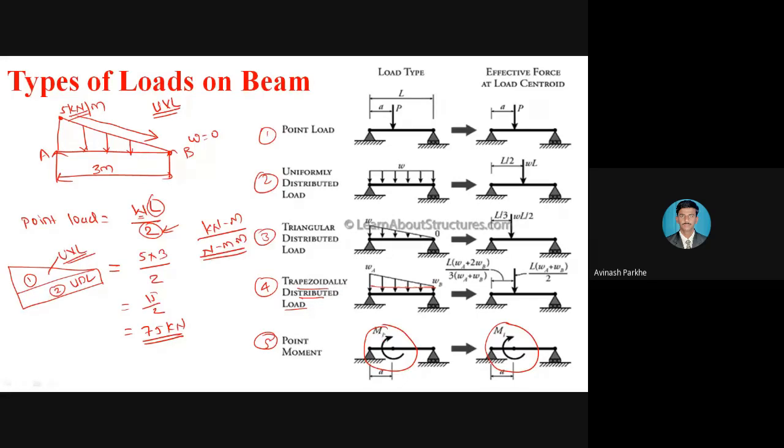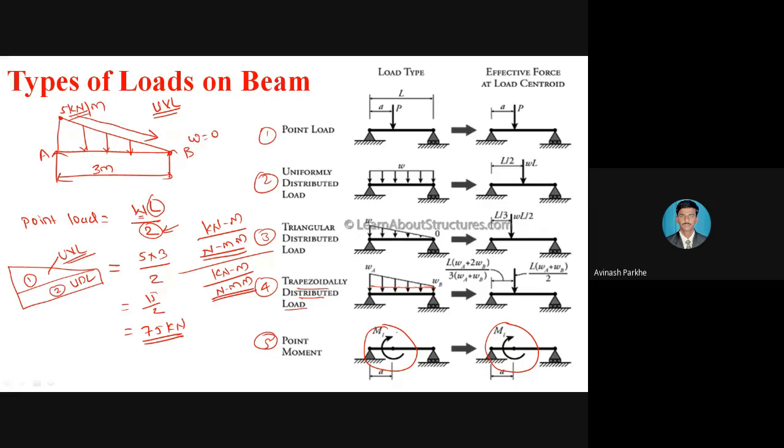This couple also has the same definition, force into perpendicular distance, so the couple also has the unit kilonewton meter, or newton mm. Therefore, in the shear force and bending moment calculation, the effect of couple will not be considered in the shear force, but it will be considered in the bending moment diagram.